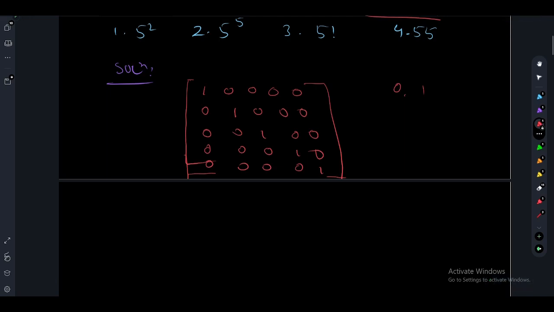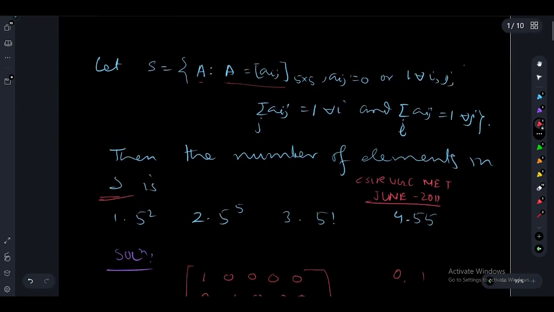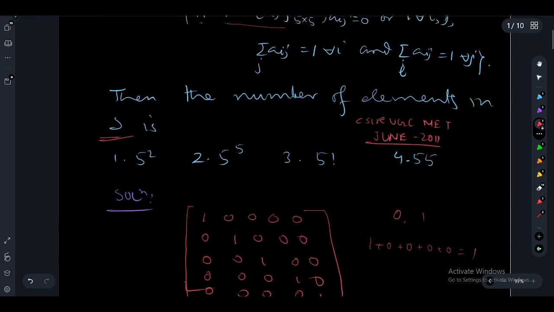And if you add any row, for example the first row, the sum of every element is 1. Similarly, if we take any column and add all the elements, the sum is 1. So the identity matrix is an element of S.